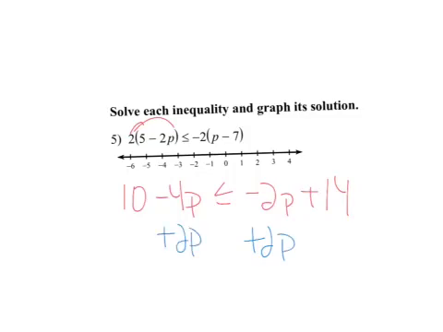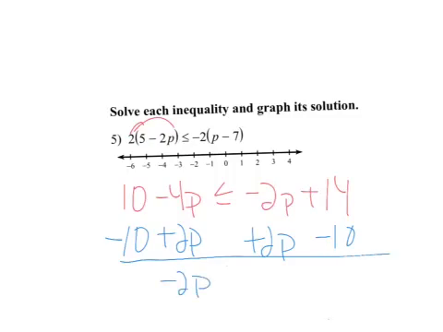And I can also subtract the 10 from both sides. Do that all at once, and that leaves me negative 2p on the left is less than or equal to. The 2p's are gone on the right. 14 minus 10 is 4.